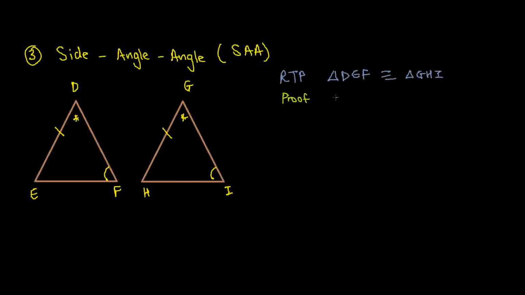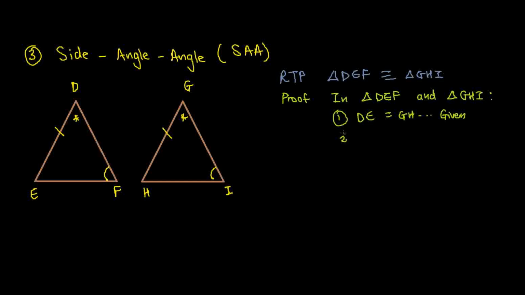Our proof is that in triangle DEF and triangle GHI, I observe the following. Right, the first thing I notice is that there's a pair of corresponding sides that are equal. I notice that DE is equal to GH because it's given in the diagram.